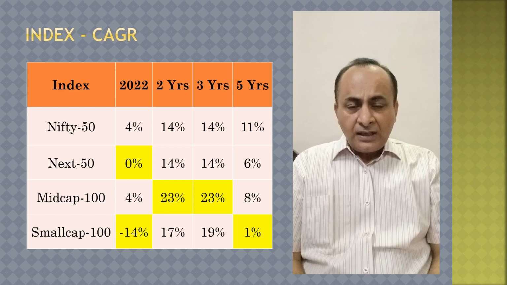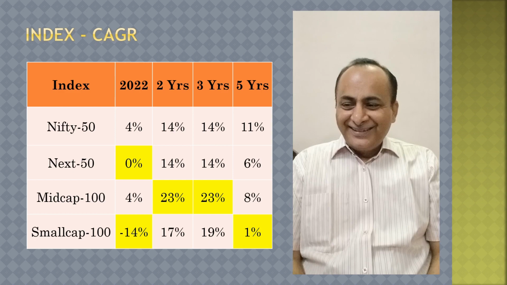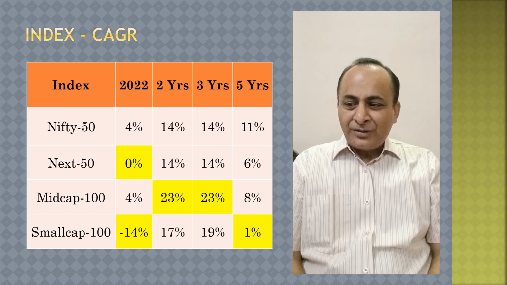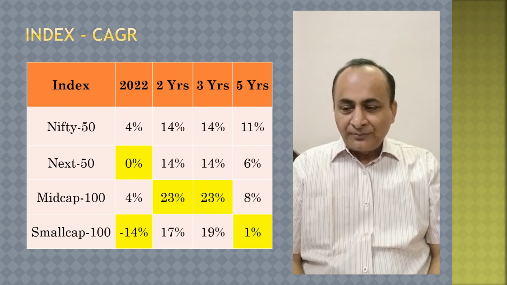Some people have a feeling that small caps and mid caps generally do better, and are a very good way to make big money. But this table doesn't show that.